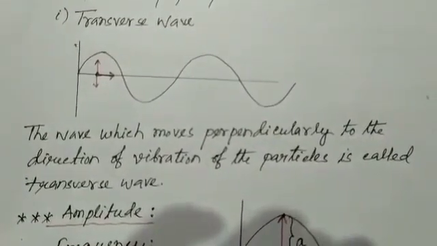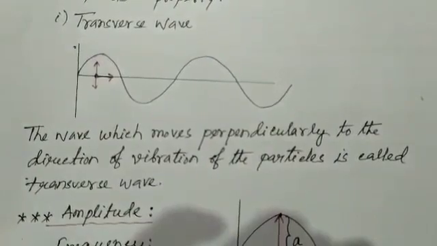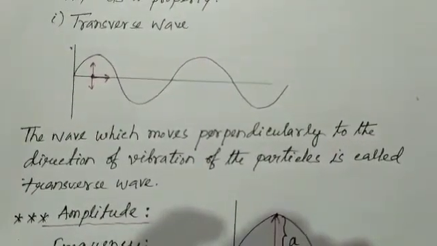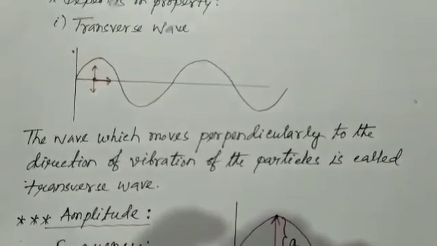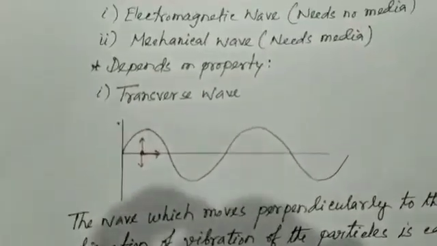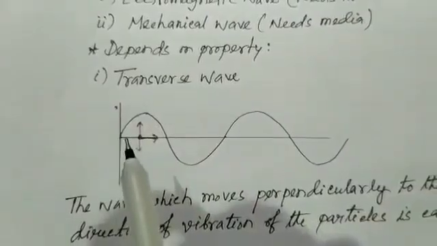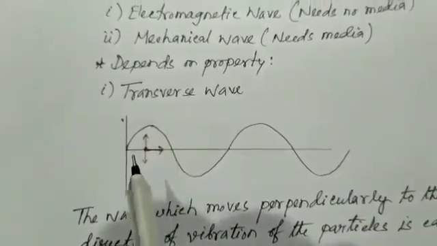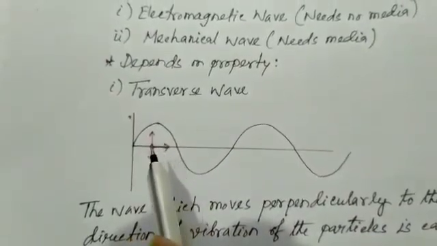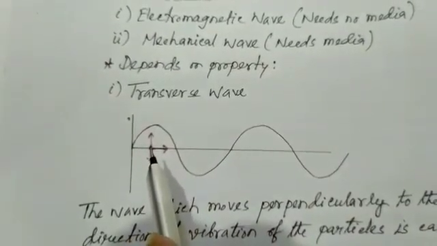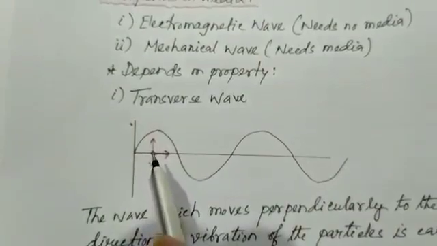The wave which moves perpendicularly to the direction of vibration of the particles is called the transverse wave. Let me explain. This is the equilibrium position, like the surface of water, and this is the wave making particle or water particle.